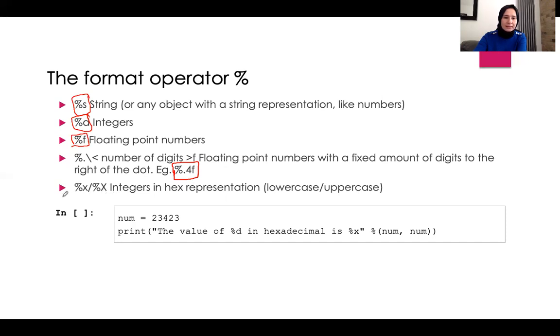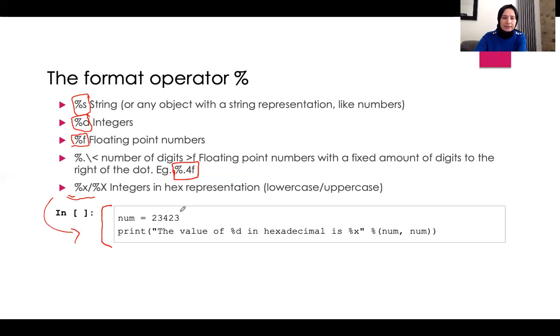And another point here, guys: if you want to show your integers in hex representation, this is something that you need to do, the format X. And we have an example of this here.